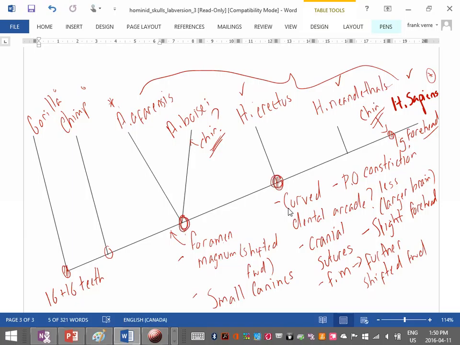All right, so what happens as we go towards the genus Homo? Yeah, you get smaller. So as you go this way, the cheeks actually get smaller. So let's look at it right now. So chimps, big cheeks, I can put my finger through it, right? Let's take a look at Lucy. Big cheeks? Yeah. Okay, so let's look at Boise. Really big cheeks. Look at that. Huge.